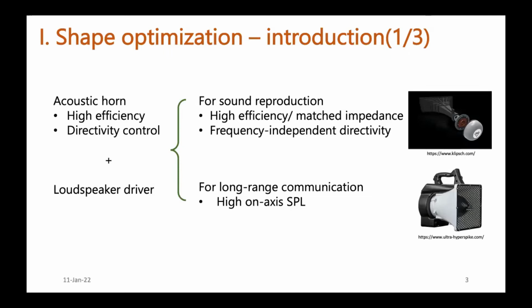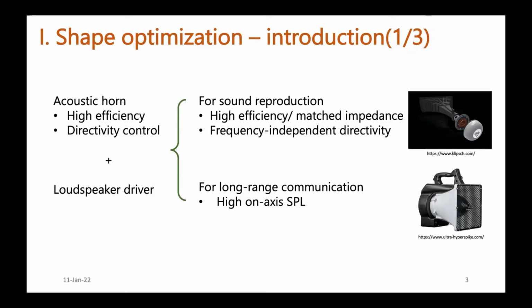So the first topic is the shape optimization using the discrete model, multimodal method. And first, I will give a brief introduction. The acoustic horn, as we know, has the advantage of high efficiency, and it can control the directivity of the radiated sound.